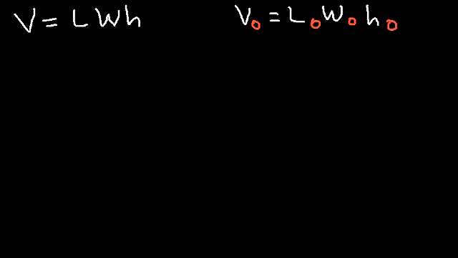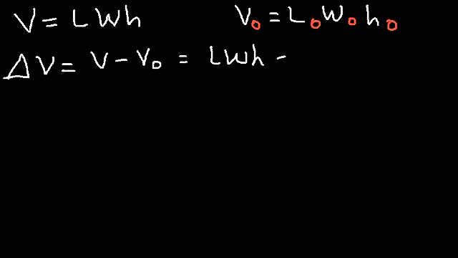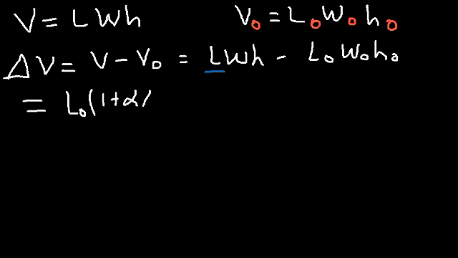So therefore we could say that the change in volume, which is V minus V0, that's LWH minus L0 W0 H0. Now we know that the new length, from earlier in this video, is L0 times 1 plus alpha delta T.